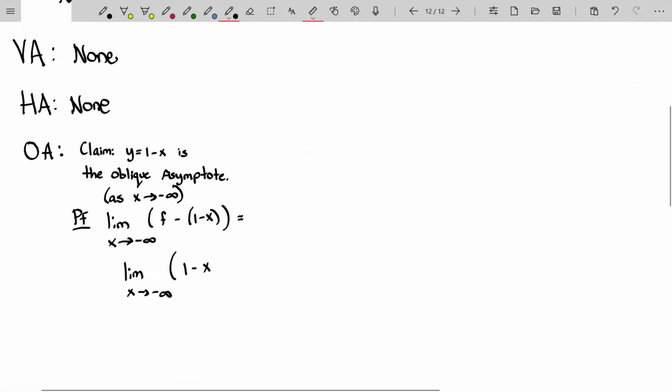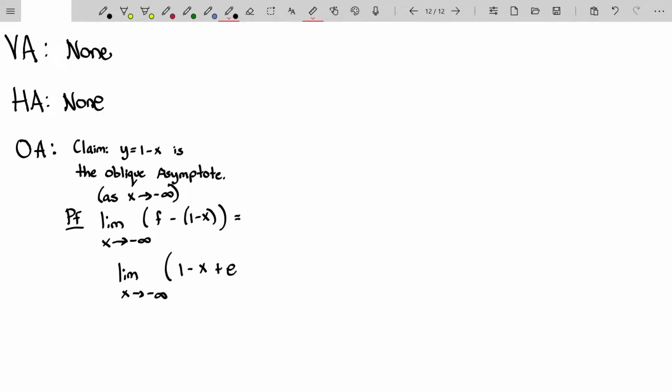Plus e raised to the 1 plus x over 3 minus the quantity 1 minus x. You can easily see the 1's will cancel. The x's will actually cancel as well. And you get that e to the 1 plus x over 3 as x goes to negative infinity. That tends to 0. That is the proof.